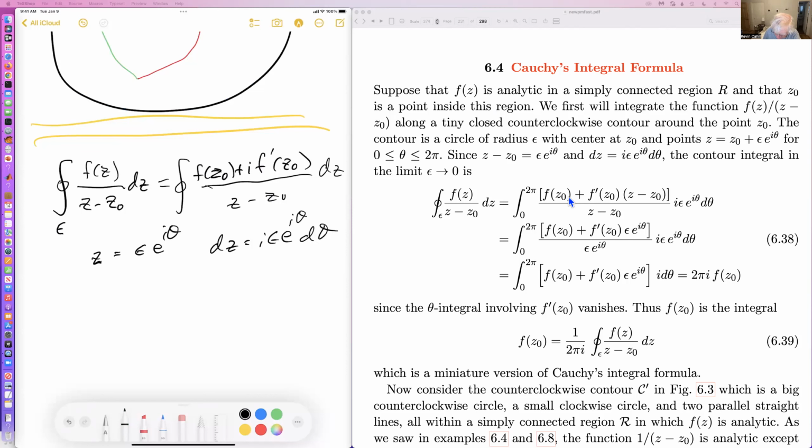So z minus z0 is epsilon e to the i theta, and dz is i epsilon e to the i theta d theta.